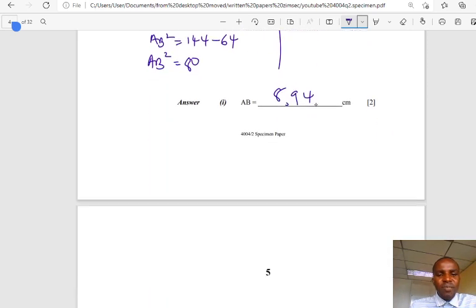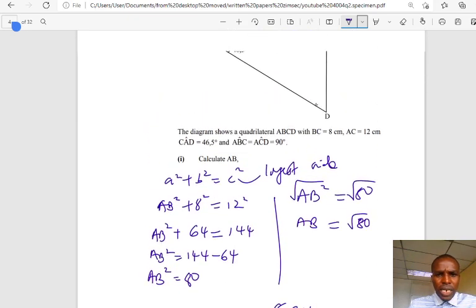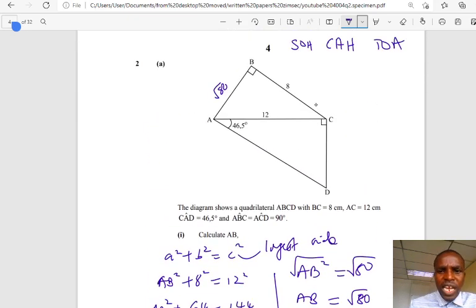Then next, A item 2, calculate CD. CD is this side here on triangle ACD. If you consider triangle ACD, given this angle 46.5, CD is the opposite. That's why it's called the opposite side.